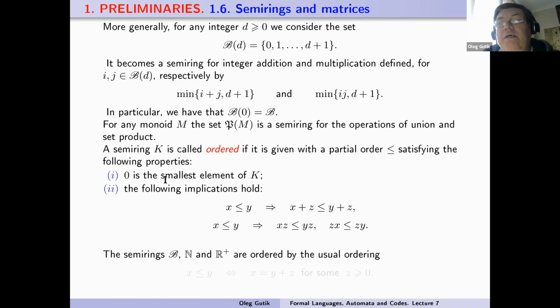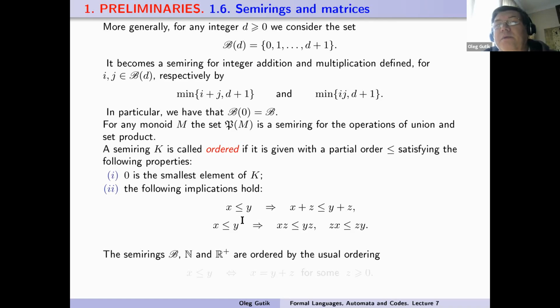So if the two properties hold, we call the semiring K an ordered semiring.